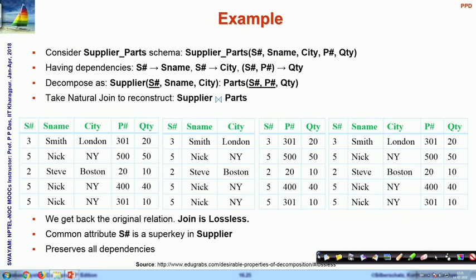It also preserves all the dependencies, because you can check this dependency in this relation, and you can check this dependency also in this relation, and you can check this dependency also in the parts relation, which is something which we were not able to do in the last decomposition. So, naturally, this is the type of decomposition that we will prefer.